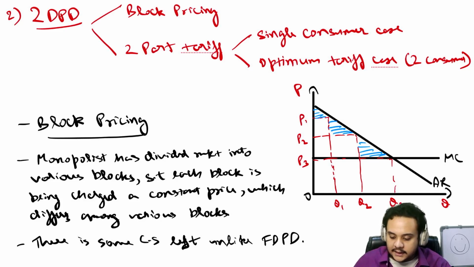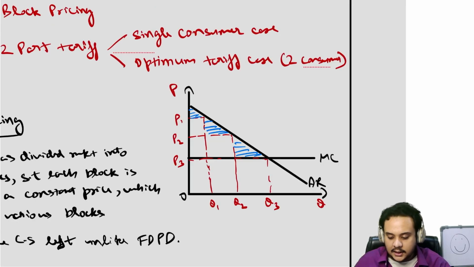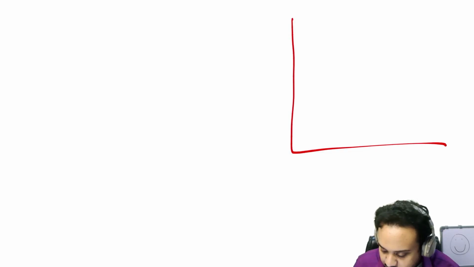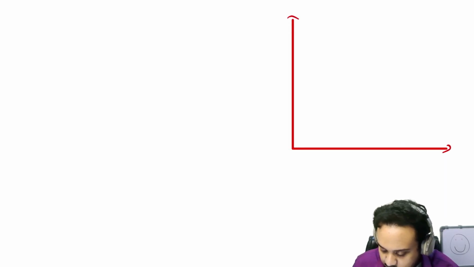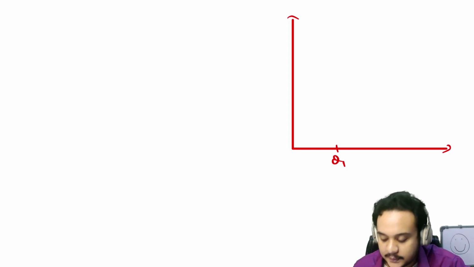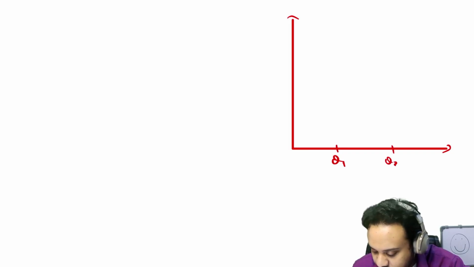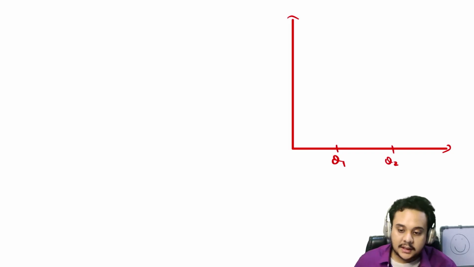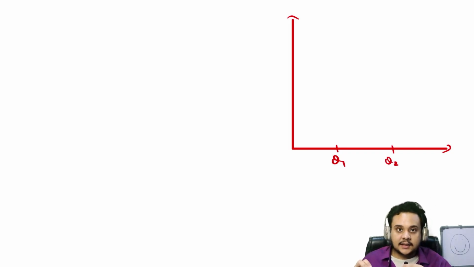Now let us look at this from another angle. Let us talk about block pricing only, but from a different angle. Let us talk about it numerically. You saw that the first quantity that was being consumed at the highest price level P1 was Q1. Similarly, the second one was Q2. But there is a small twist that you might have noticed, or you may have missed also.